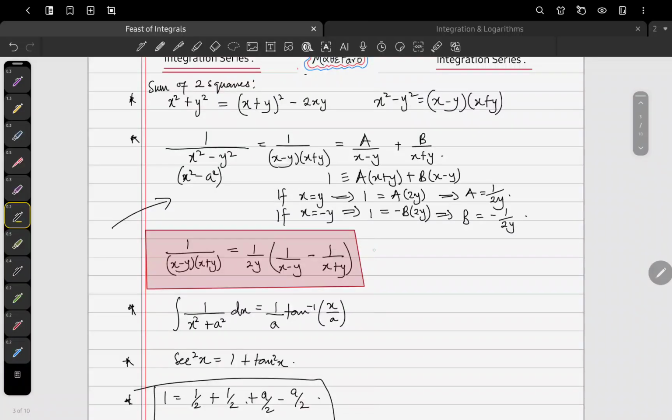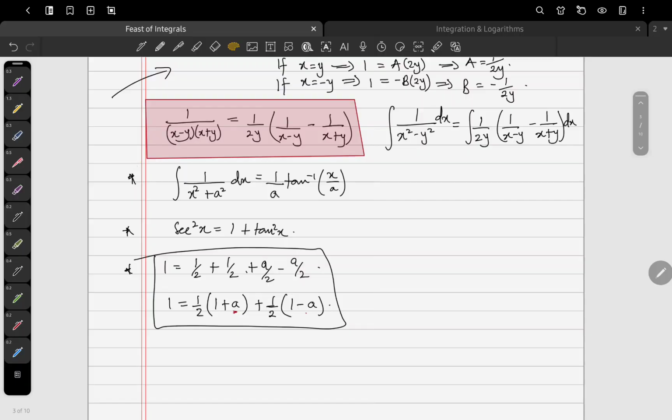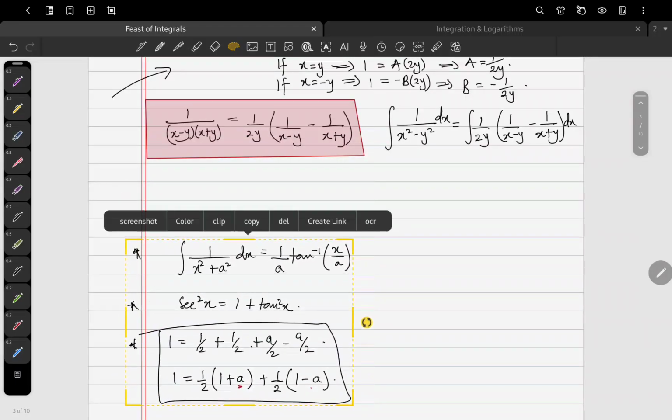The integral of 1 over x squared minus y squared dx will be the integral of 1 over 2y times 1 over x minus y minus 1 over x plus y. That way, if I do it with the simple variables here, I don't have to do the heavy one with the ugly expressions we have down there.